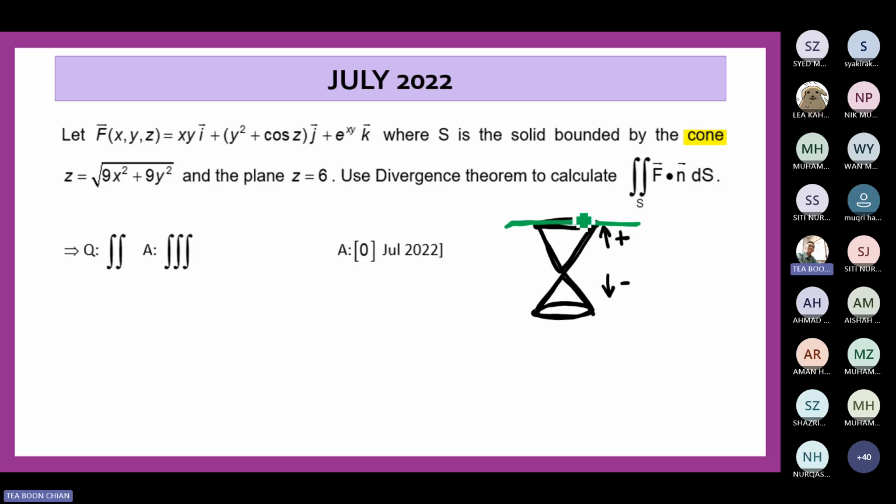Now, why is this important? Because if you look at the question, S is the solid bounded by the cone, z equals square root of 9x squared plus 9y squared, and the plane z equals 6. In other words, z equals 6 should be at the upper interval of your integration. Z di bawah adalah function of the cone. So this is the part also I would like to remind all of you.